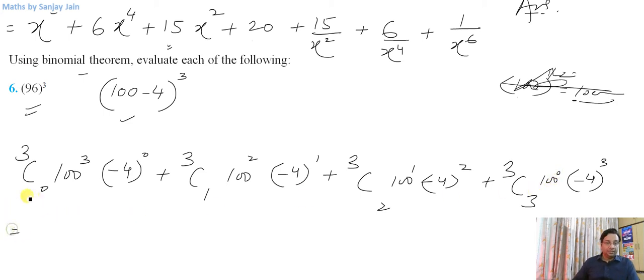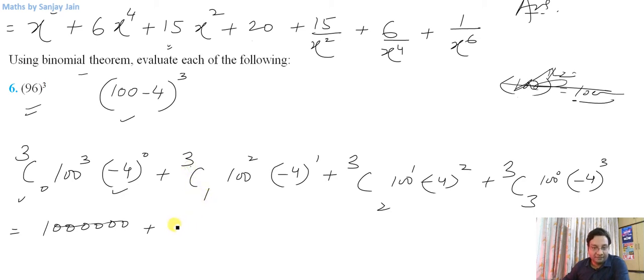So this is 1, this is 1, 100 raised to power 3 is 1 followed with 6 zeros, 1, 2, 3, 4, 5, 6. Anyways, I am not going to do the calculation, you are supposed to do the calculation part. I can use the calculator, but you do not have the freedom to do that, because you have to appear in your examination, right? And in your examination, calculator may not be allowed, and it will definitely not be allowed.